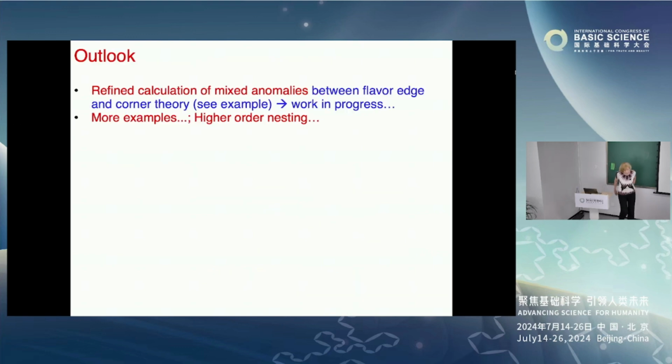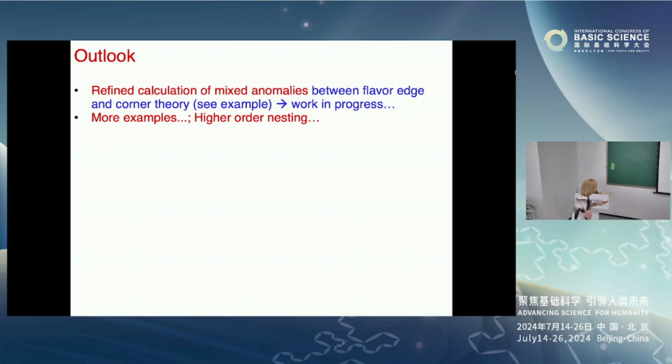So I could have possibly ended my talk here. So clearly, there are lots of things that are still work in progress. We have to refine the calculation of mixed anomalies between flavor and the real CFT one-forms.